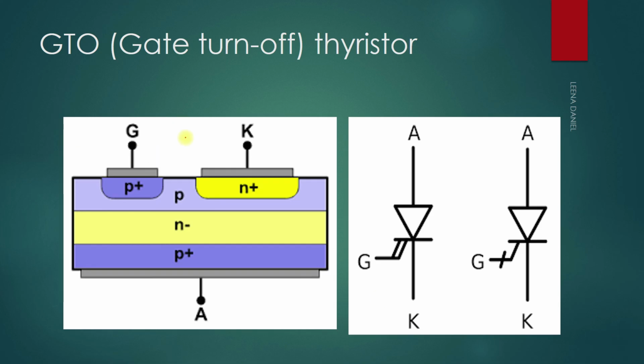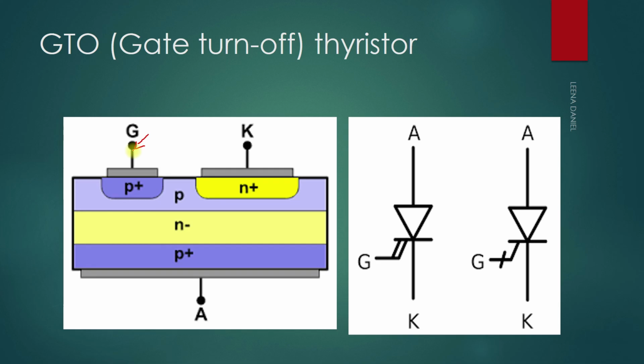The characteristic of this GTO is similar to the thyristor. It is a four-layer device which is PNPN, and here a gate terminal is given. Through this gate terminal we can turn on by giving a positive supply to the gate.